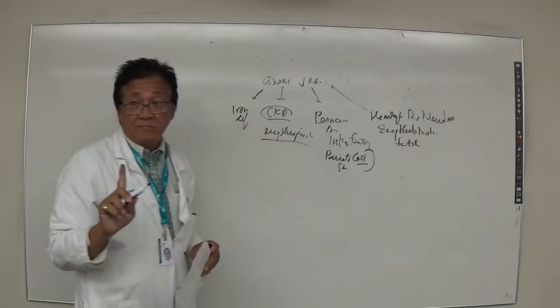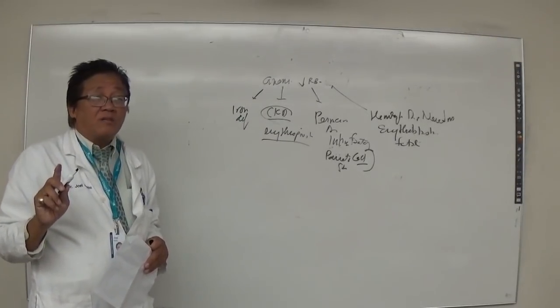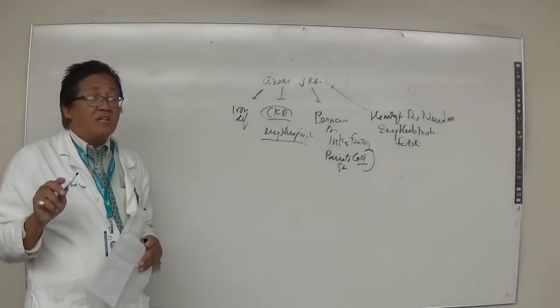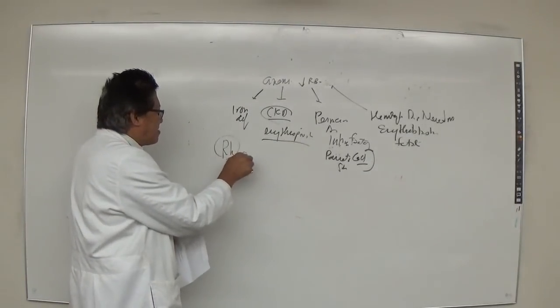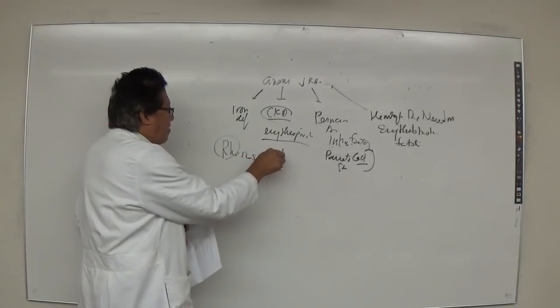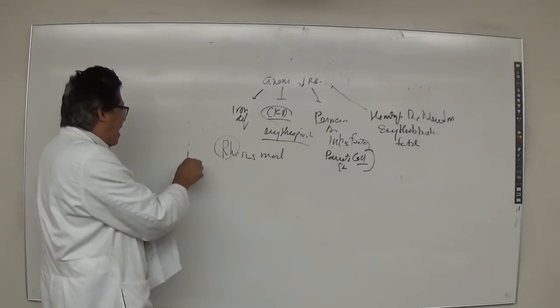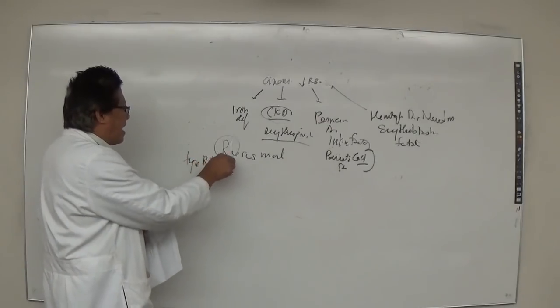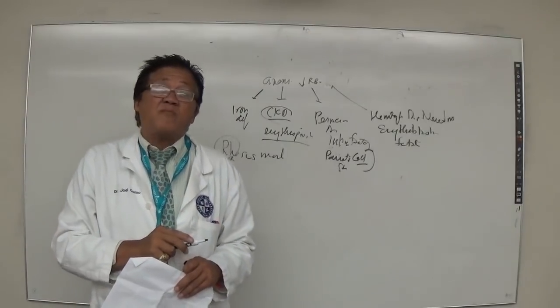Very simple. It happens in people who are what? RH. What is RH? RH stands for rhesus monkey. Like me, I am B positive. What does it mean? I am type B blood and I am positive for what? RH positive.